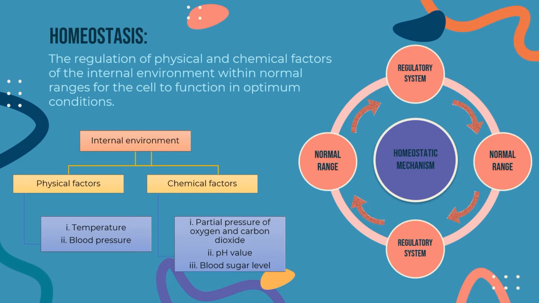The regulation of the physical and chemical factors of the internal environment within the normal range. Okay, why is it important that we maintain the normal range? Because in the normal range the cell can function in optimum condition. Alright, so it will ensure the surviving of the cell. Alright, so that is the introduction to homeostasis.